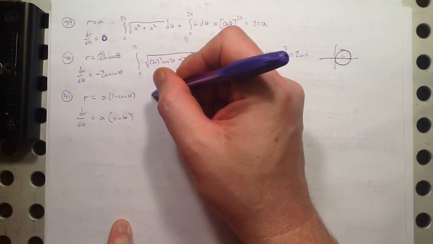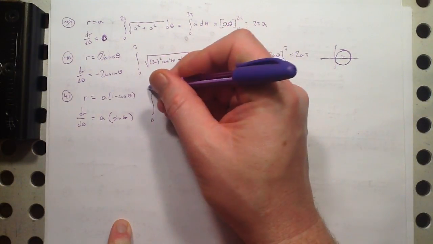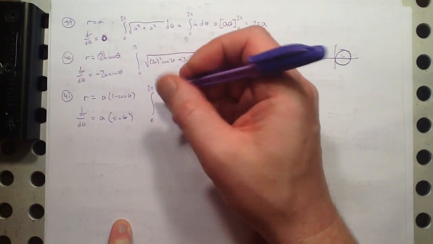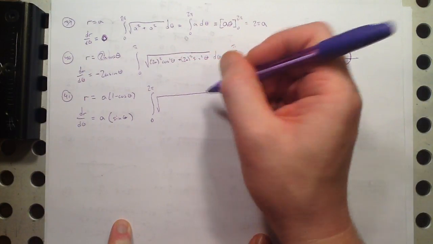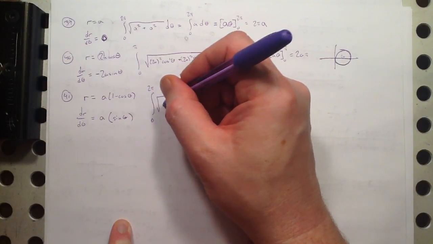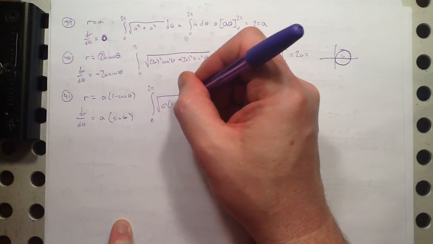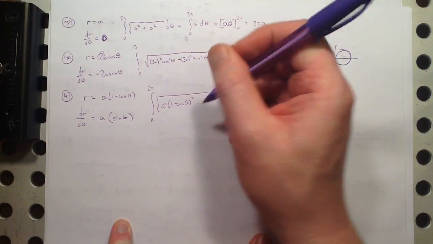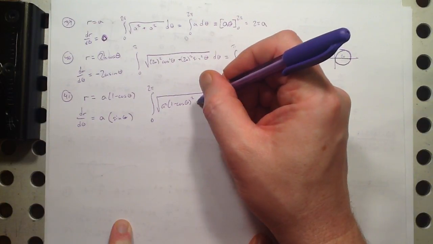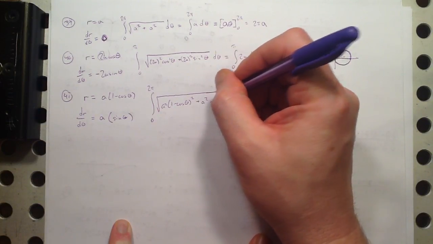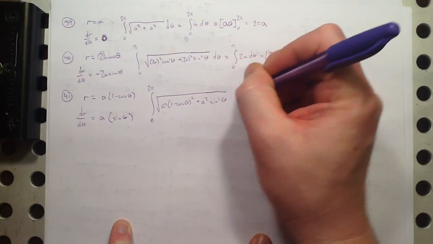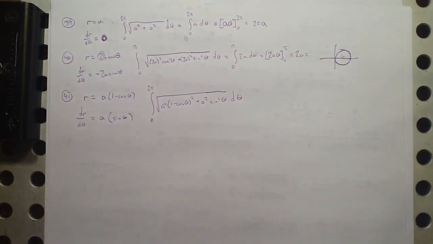The entire cardioid has to go all the way to 2 pi to repeat. So that's a squared times 1 minus cosine theta squared plus a squared times sine squared theta d theta.